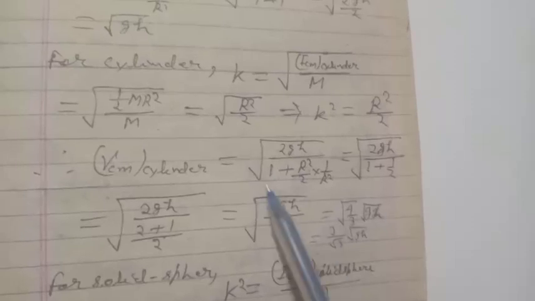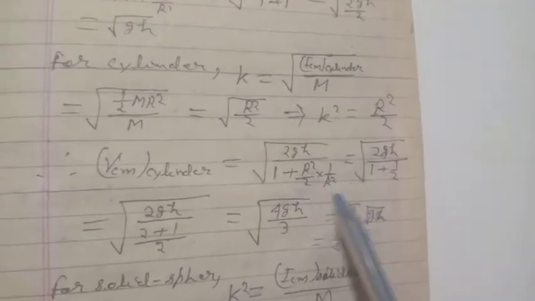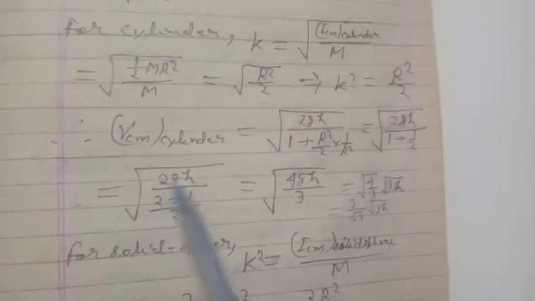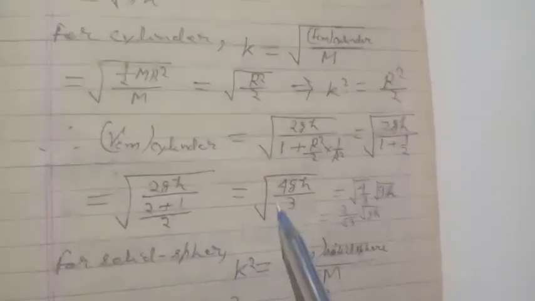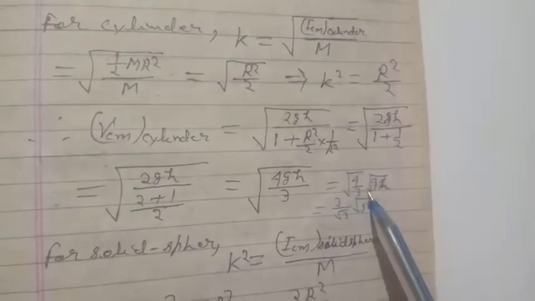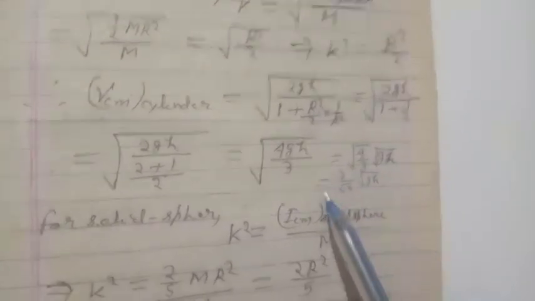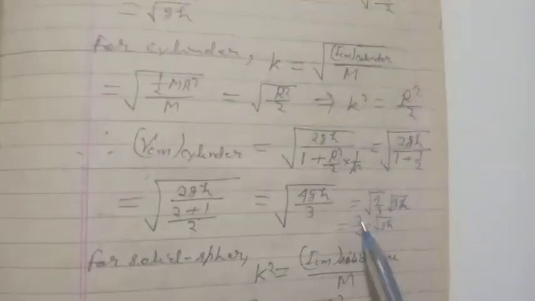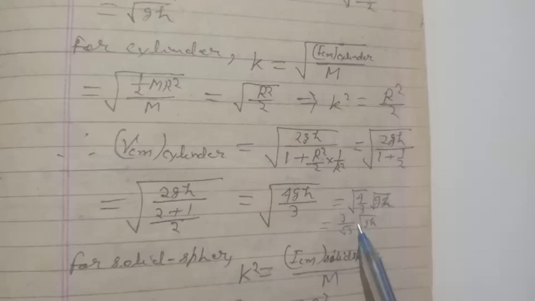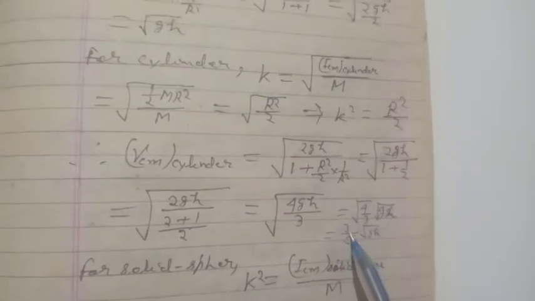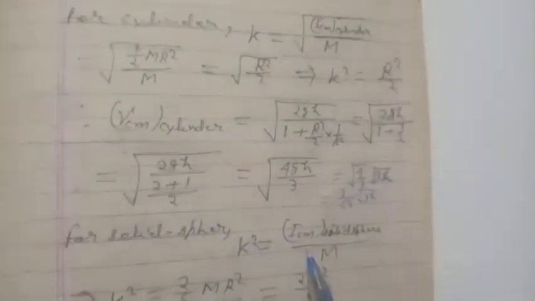Hence vcm of cylinder is under root 2gh by 1 plus r square by 2 into 1 by r square, under root 2gh by 1 plus 1 by 2, under root 2gh by 3 by 2, or under root 4 by 3 into gh, equals 2 by root 3 root gh. So this is the velocity of the center of mass for the cylinder at point B.